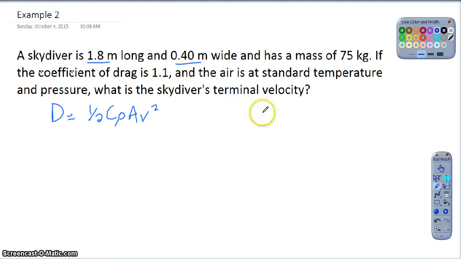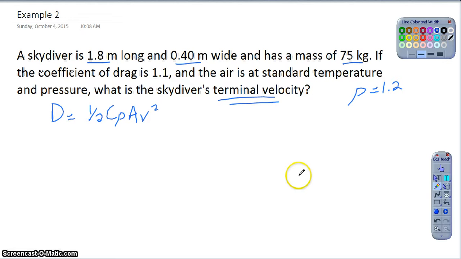So these are the dimensions of my rectangular skydiver as they're falling. Okay, so maybe Peyton Manning with his forehead, if you will. But anyway, the skydiver has a mass of 75 kilograms, the coefficient of drag is 1.1, so they provide us that coefficient, and the air is at standard temperature and pressure, which tells me rho is 1.2. What is the skydiver's terminal velocity?